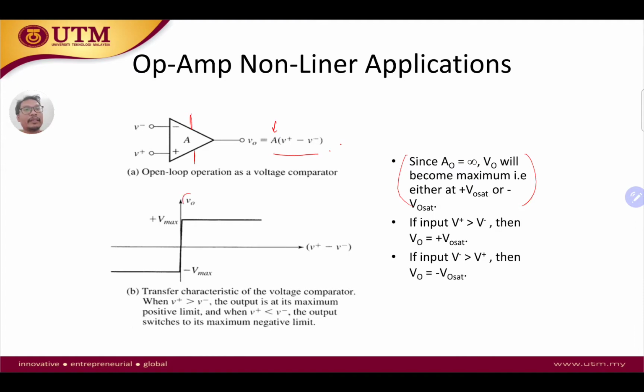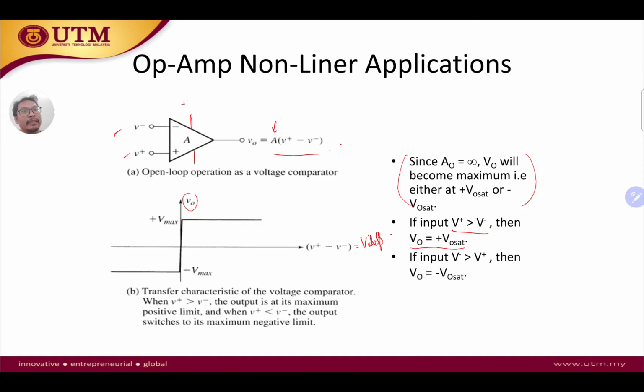So you can see what happens to our Vout when we supply our Vin, the difference between V+ and V-. If the input V+ is greater than V-, then Vout is equal to positive Vosat.